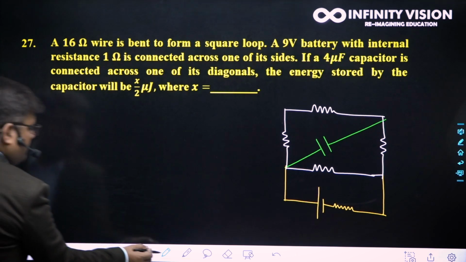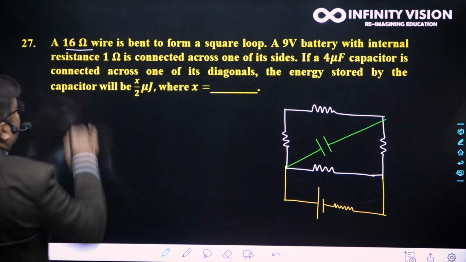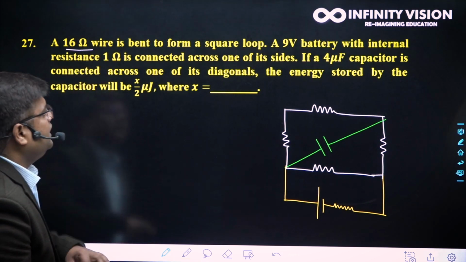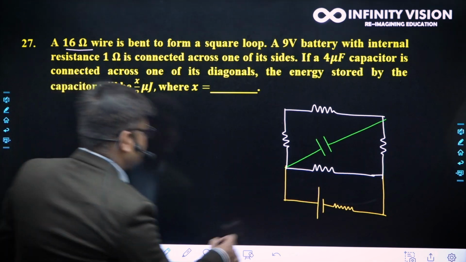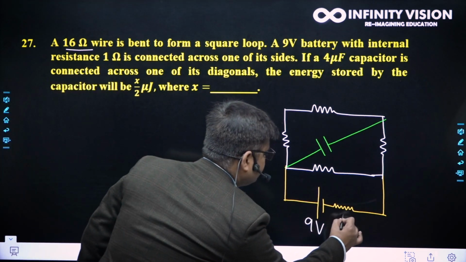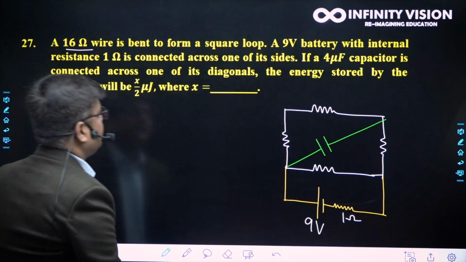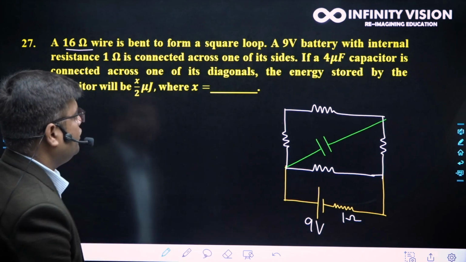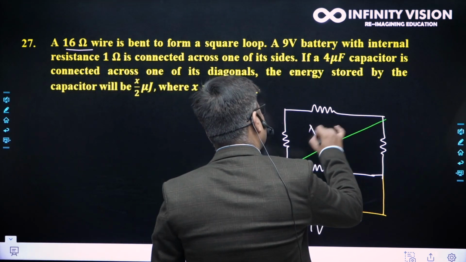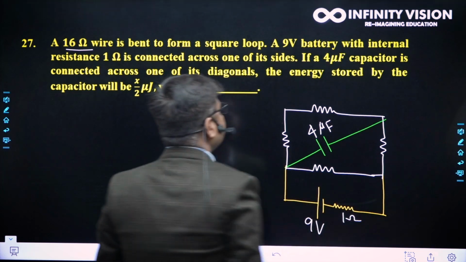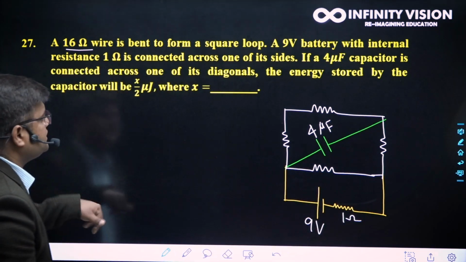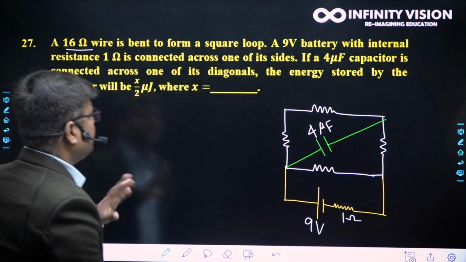A 16 ohm wire is bent to form a square loop. A 9 volt battery with internal resistance 1 ohm. This is a 9 volt battery and its internal resistance is 1 ohm, connected across one of its sides. If a 4 microfarad capacitor, this capacitor is a 4 microfarad capacitor, is connected across one of its diagonal, the energy stored by the capacitor will be.